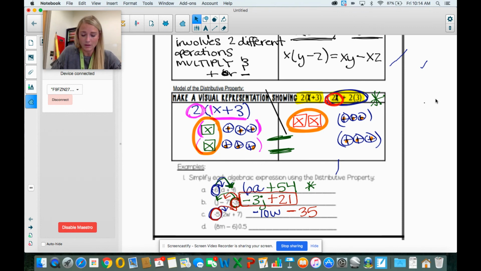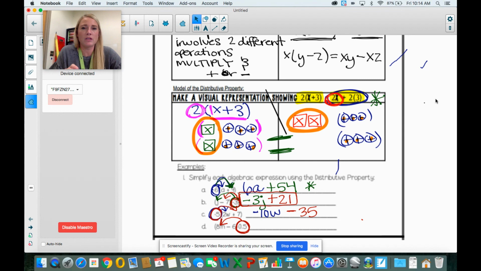Okay, all right, last one. Okay, now this right here is a decimal. Okay, but it doesn't matter. I can distribute a fraction, I can distribute a negative, I can distribute decimals. Okay, it's still the same. You're still doing the same thing. So I've got 0.5 times 8m.